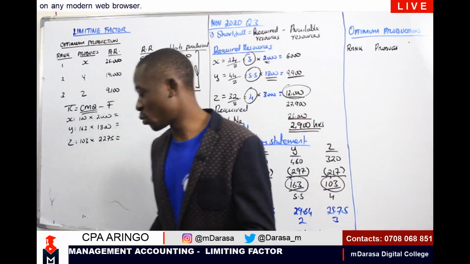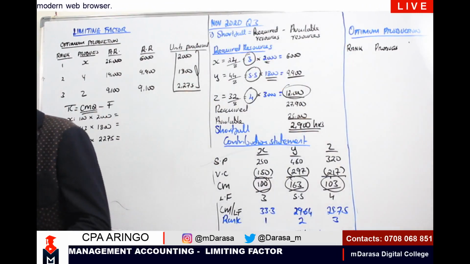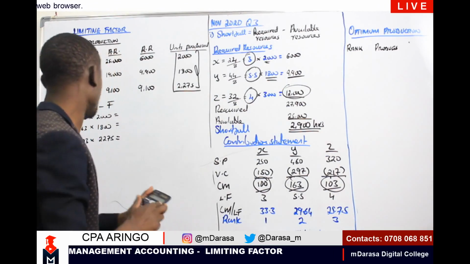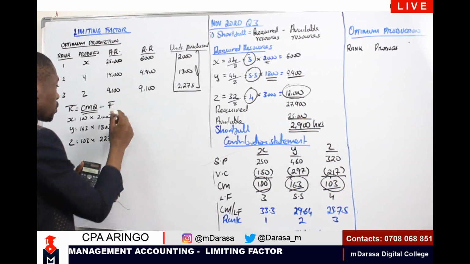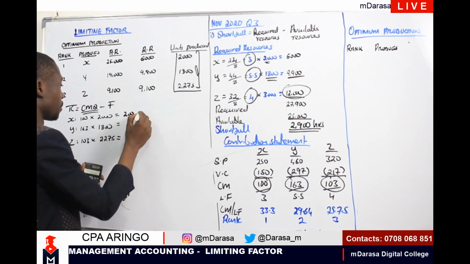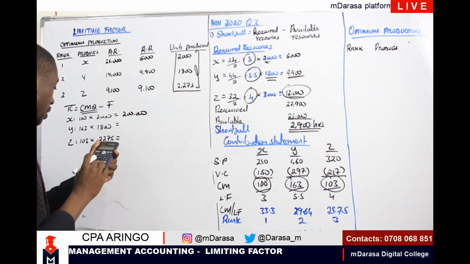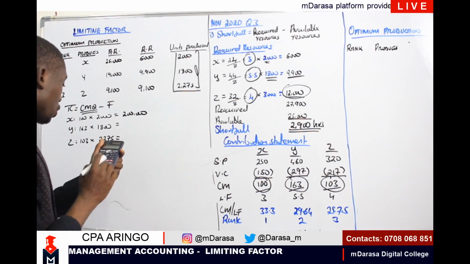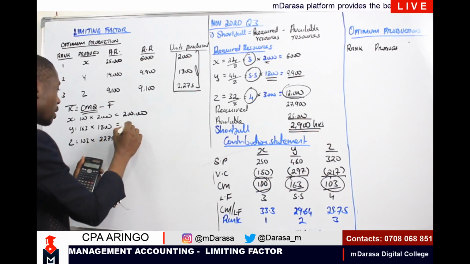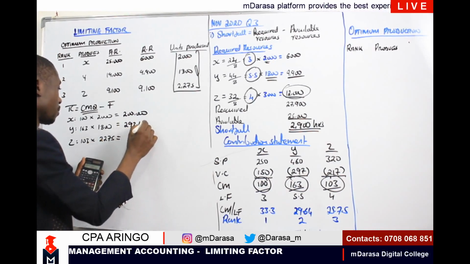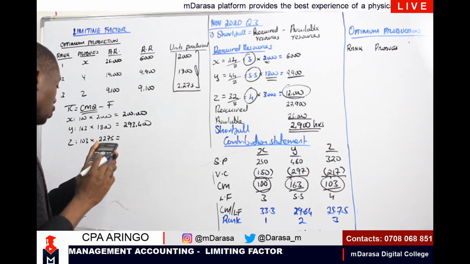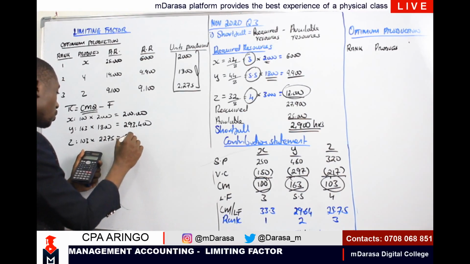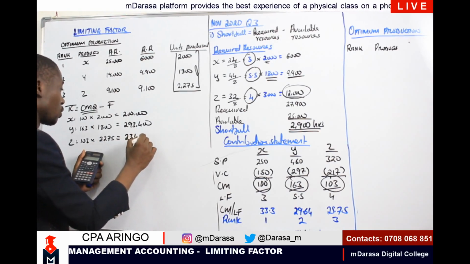So in that case, what will we be having? What I'm going to have is 100 by 2,000. That should give us 200,000. Right? 163 by 1,800. That should give us how much? 293,400. And 103 by 2,275. That should give us how much? 234,325.